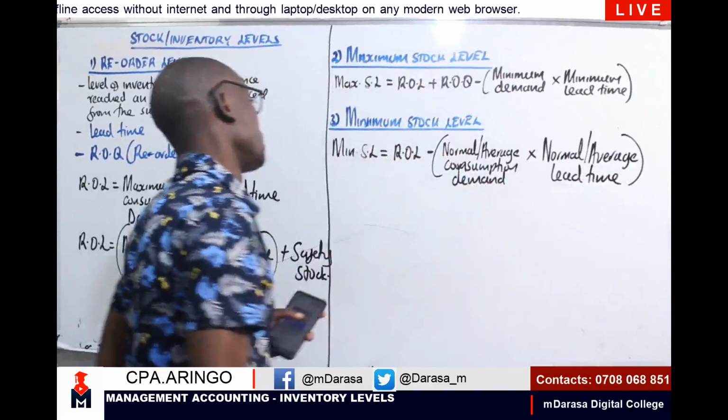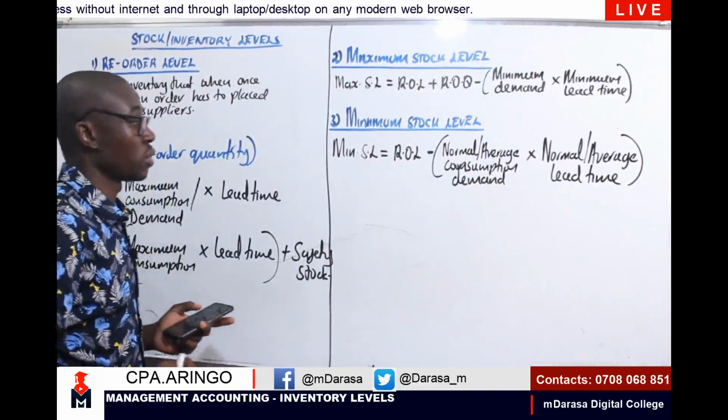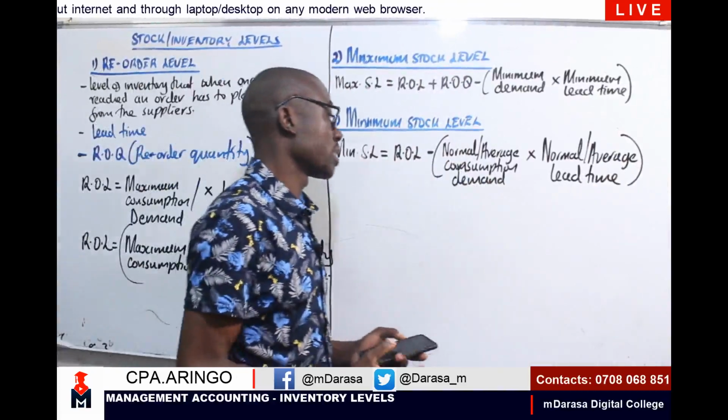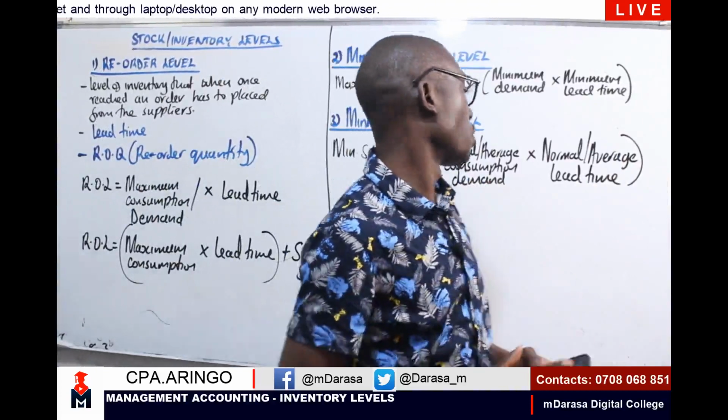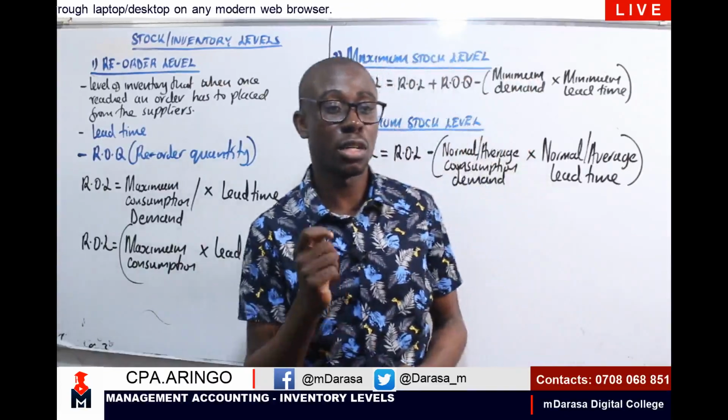That is how we can determine our minimum stock level: reorder level minus normal or average consumption or demand times normal or average lead time. That is very key to note.